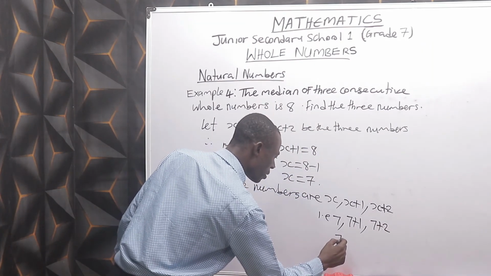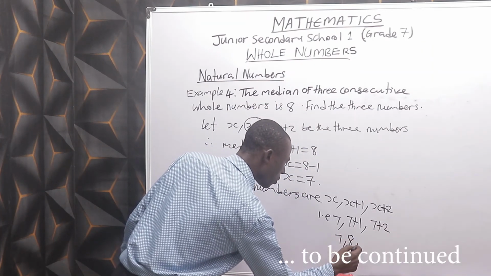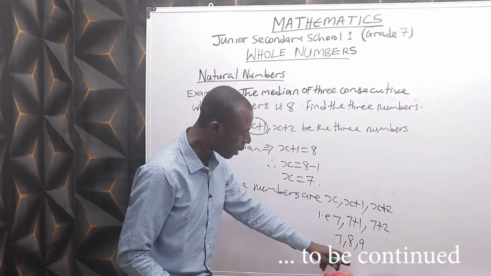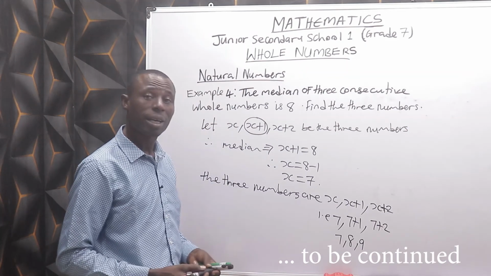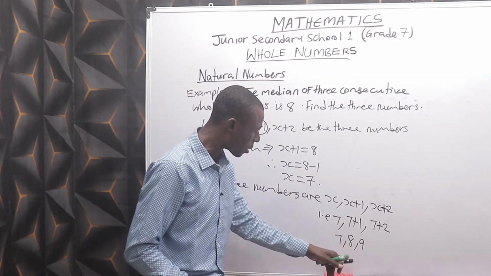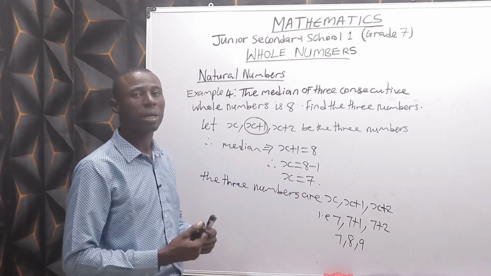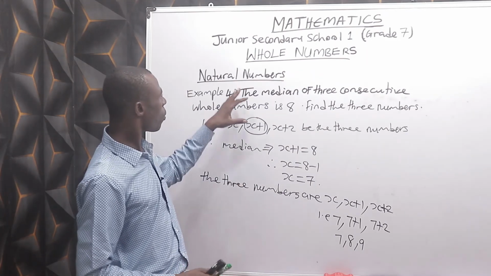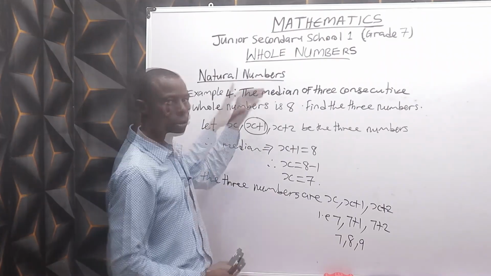And finally, 7, 8, 9. The three numbers are 7, 8, 9. And truly we can see that the median of these three numbers is 8, the middle value. So that is the end of what I have for you under natural numbers.